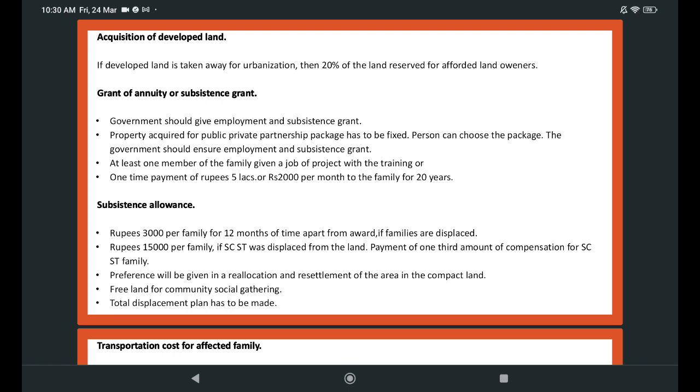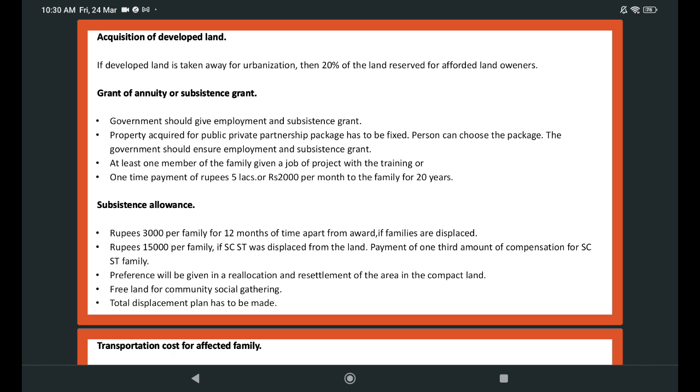Subsistence allowance. Rupees 3000 for the family for 12 months apart from the award. If the family is displaced, it is rupees 15,000 per family in the case of SC/ST. In compact area, preference will be given and land will be allotted and resettled in compact land.